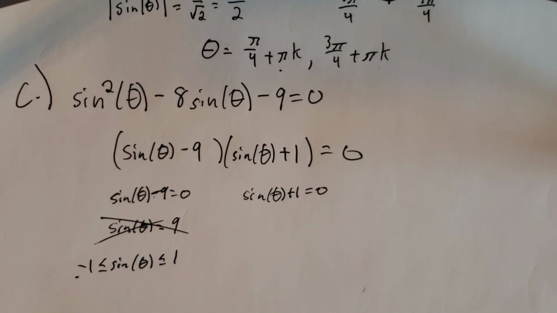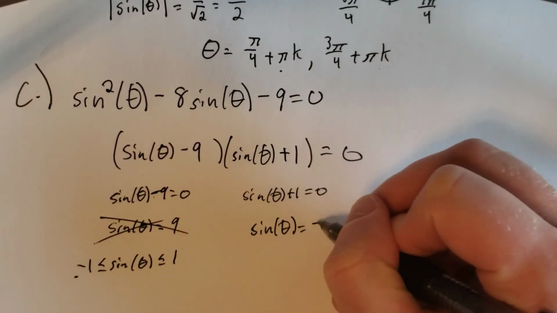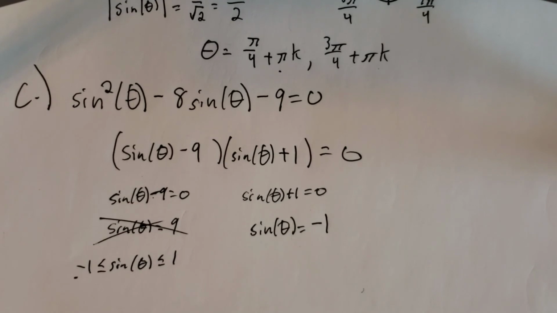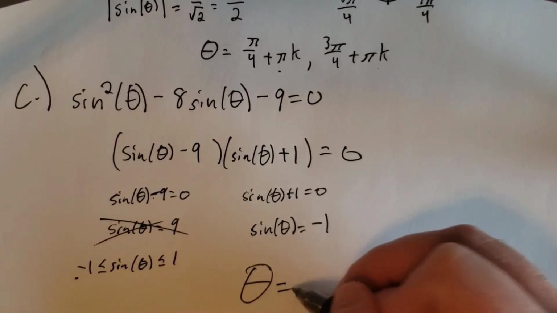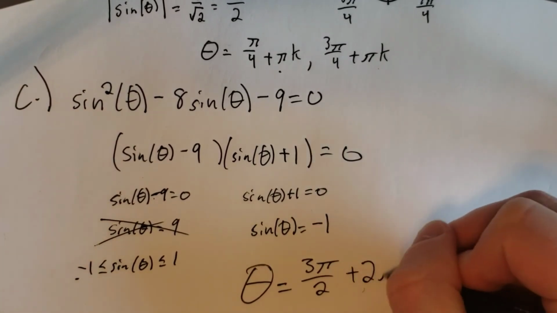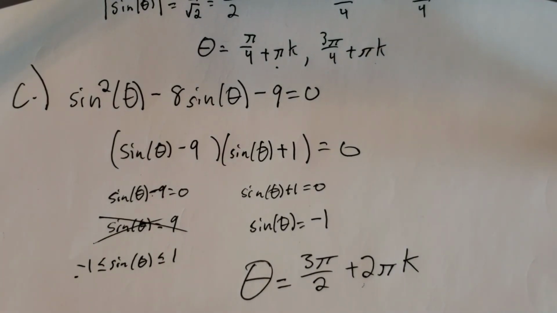There is no theta value that makes that true. For the other one here, sine of theta plus 1 is equal to 0, this implies that sine of theta is equal to negative 1. Where does that happen? Well, thinking about our unit circle, that should happen at 3 pi over 2. So we, in fact, get the solution theta is equal to 3 pi over 2 plus 2 pi k, again, for any integer k.